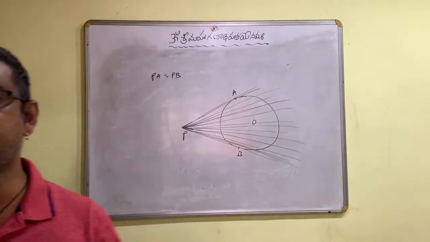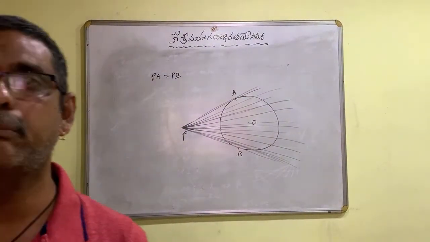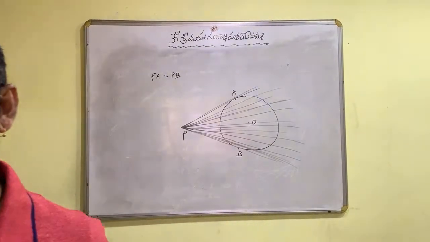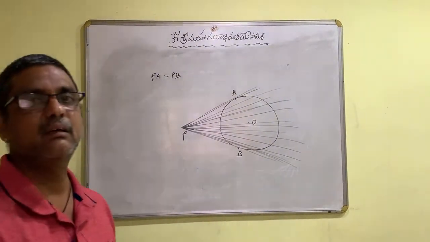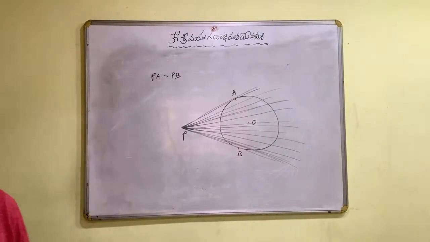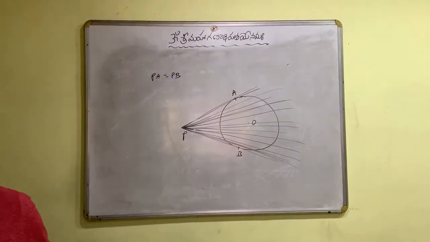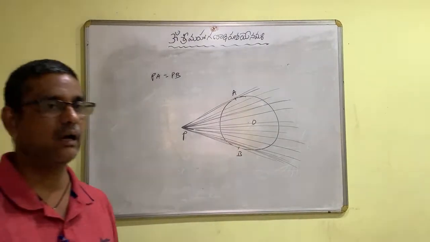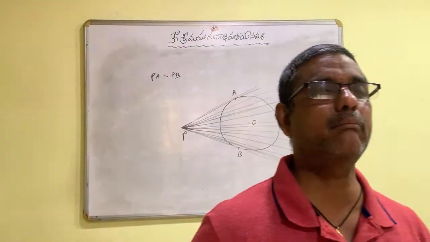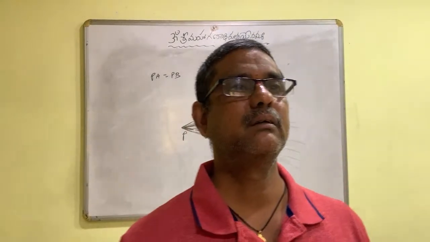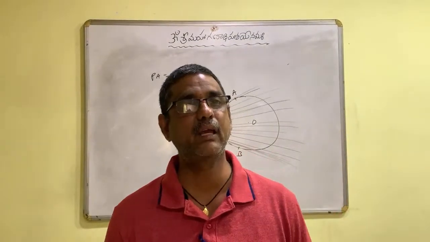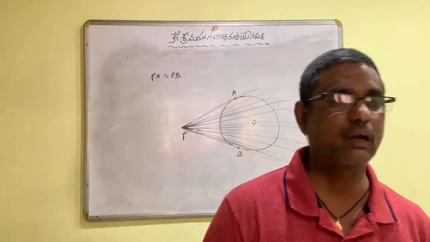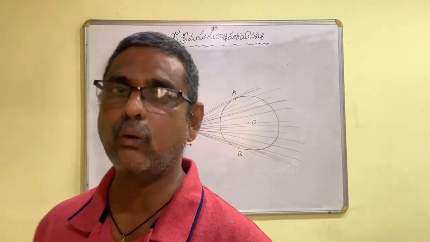So the next theorem is: tangents drawn from an external point to a circle are equal in length. That is what we are going to prove tomorrow.